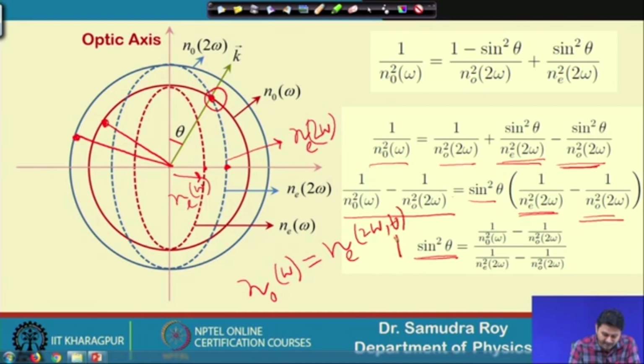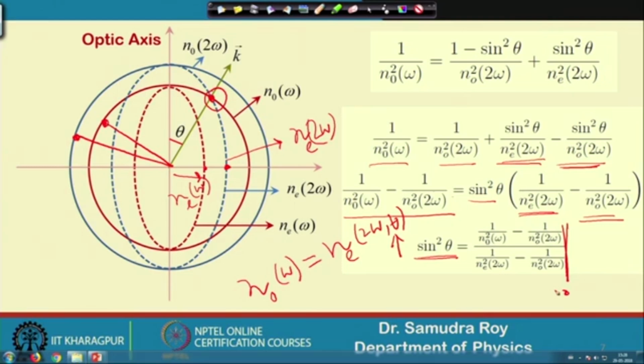So, this angle is very important. We find the direction at which the phase matching condition is valid. In order to find this direction, these are my expressions. Once we have these expressions in hand, I can calculate the angle at which the phase matching condition holds. That means maximum efficiency of generating second harmonic will be achieved in that particular direction.